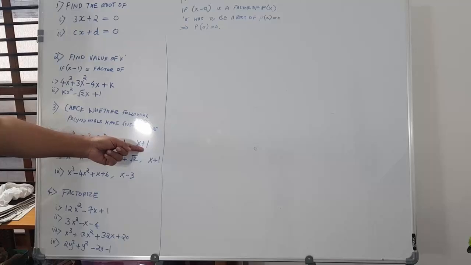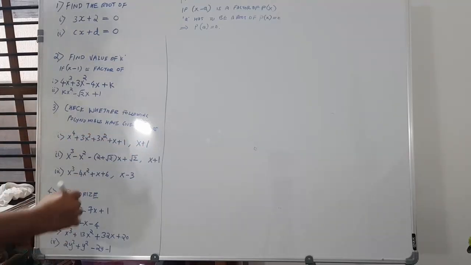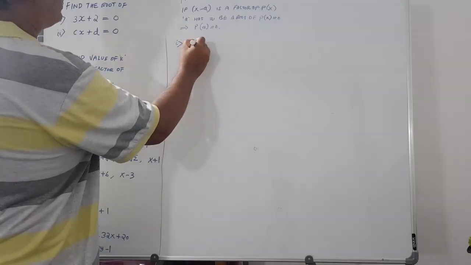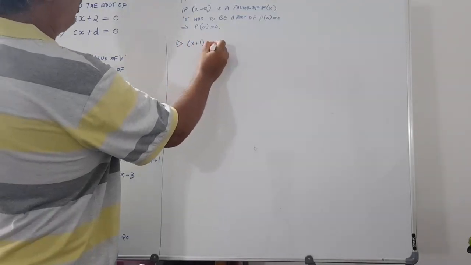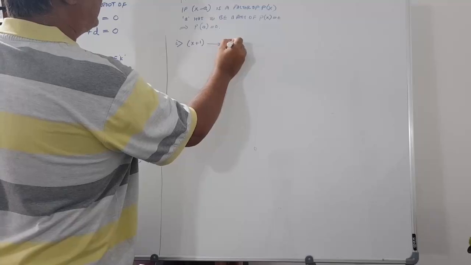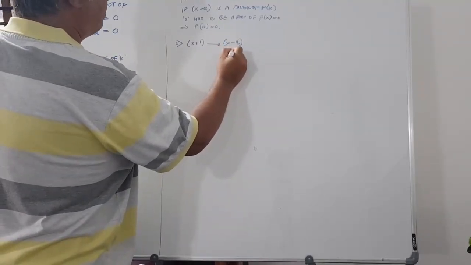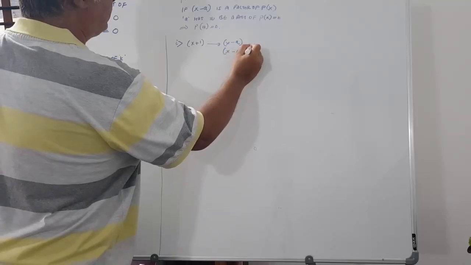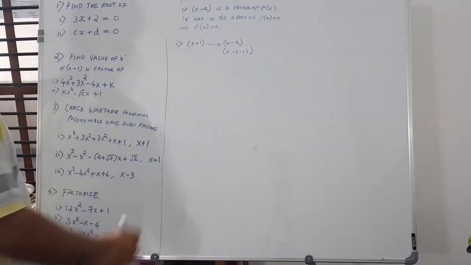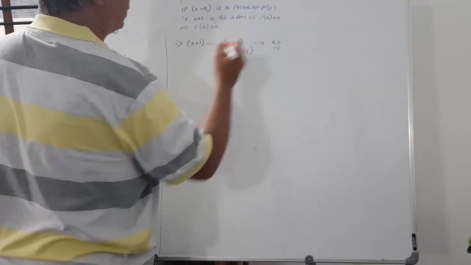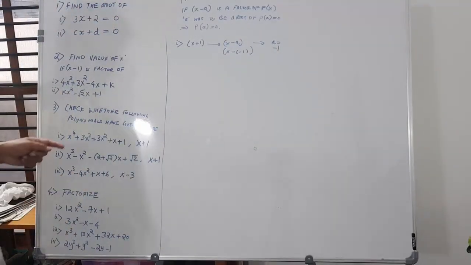So if this is a factor, then if for example in the first case, I take x plus 1 and I want to express it as x minus a, I'll get x minus 1. Okay. So in this case, a equal to minus 1. Okay. So if x plus 1 is a factor, then I should get p of a is equal to 0 for this.